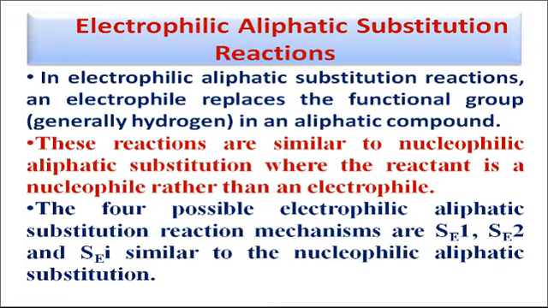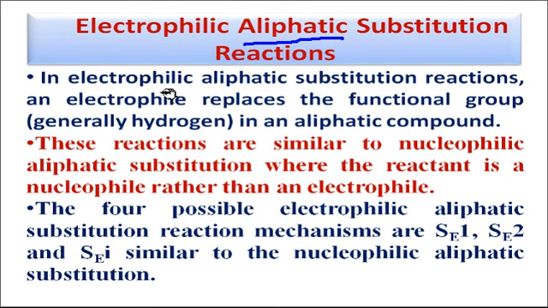Now let us discuss the second type of the electrophilic substitution reaction, that is the electrophilic aliphatic substitution reactions. By the name it is very clear that when the electrophilic substitution takes place at the aliphatic compound, this reaction is known as the electrophilic aliphatic substitution reaction.